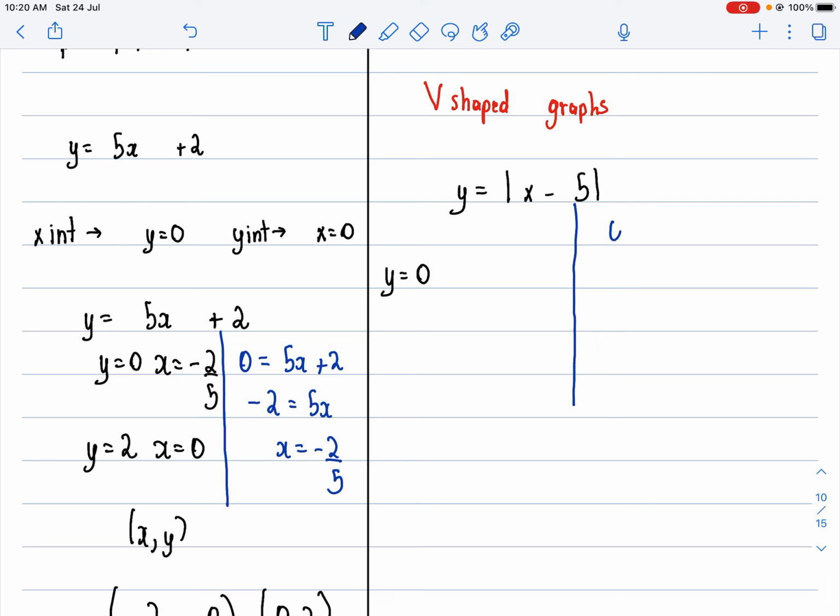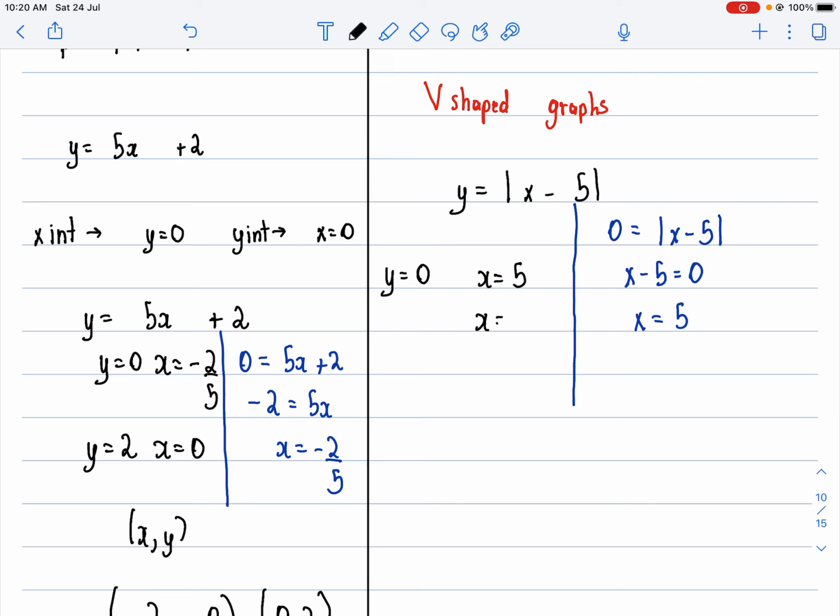So I get 0 equals the mod of x minus 5, which is basically x minus 5 equals 0, because 0 is not negative or positive. So you get your x as 5.